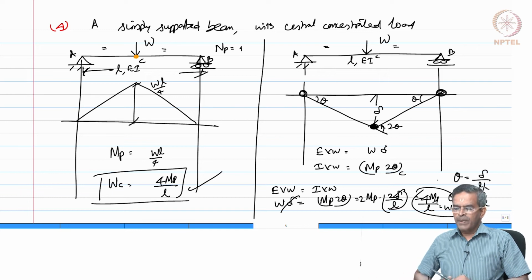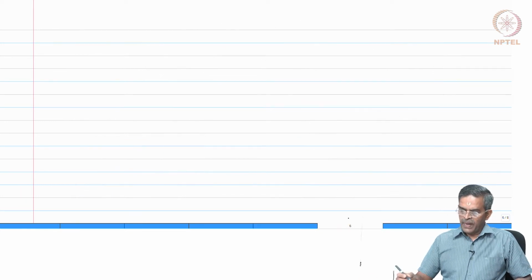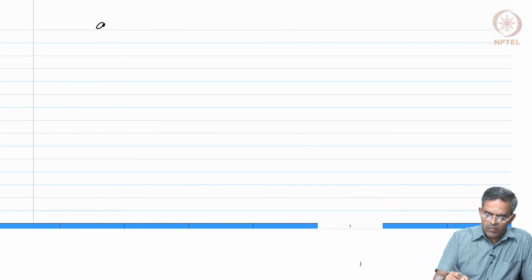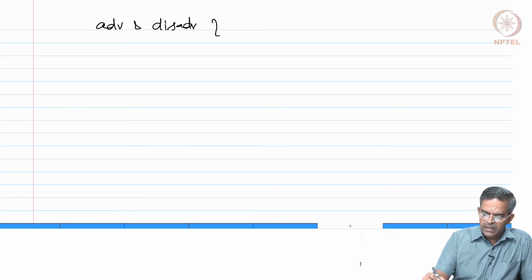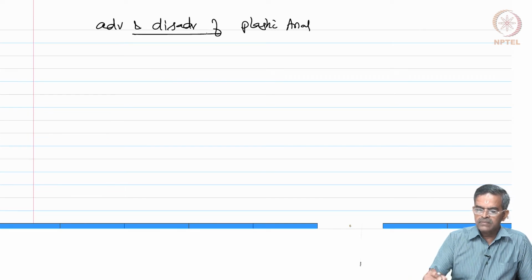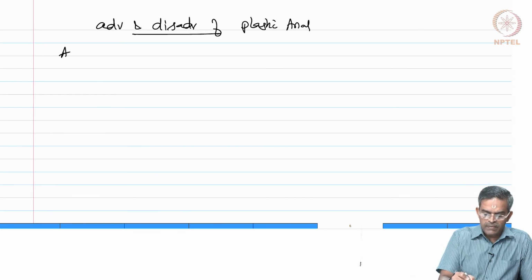Now, let us quickly compare the plastic and elastic analysis with this understanding. Let us say what are the advantages and disadvantages of plastic analysis. Let us say the advantages. 1.